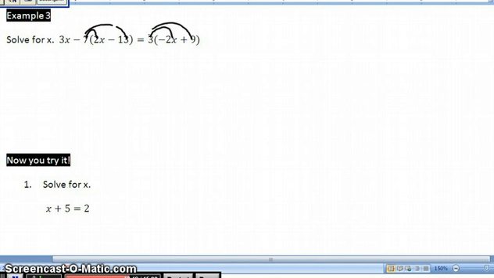So I'm going to write 3x, and then I have negative 7 times 2, that's negative 14x, and then negative 7 times 13, a negative times a negative is a positive, and 7 times 13 is 91, and that equals 3 times negative 2 is negative 6x, and 3 times 9 is a positive 27.